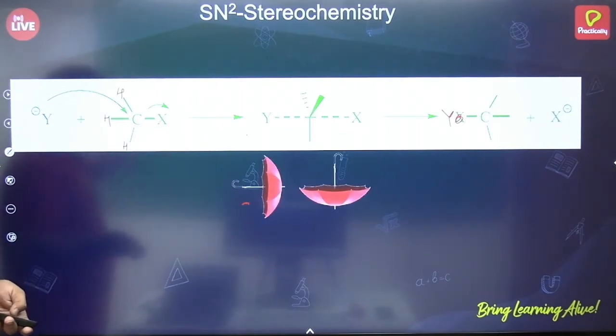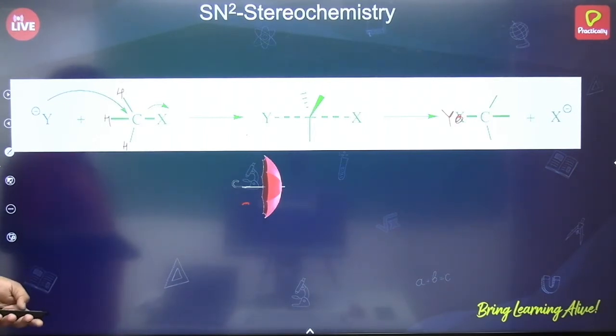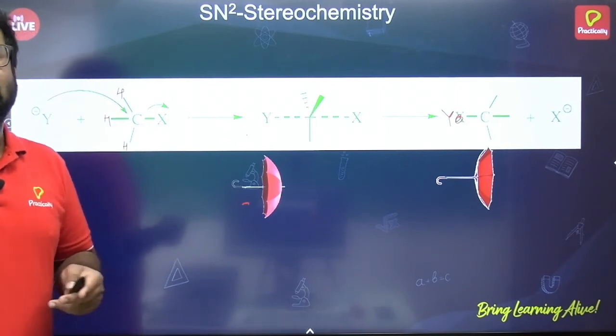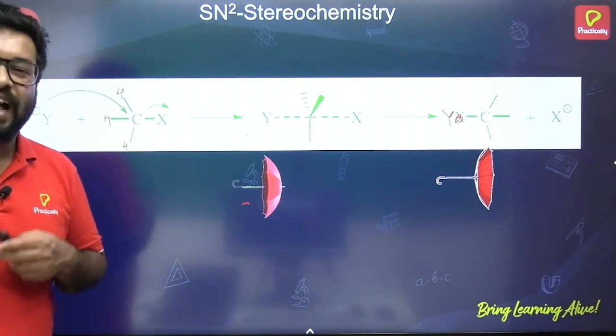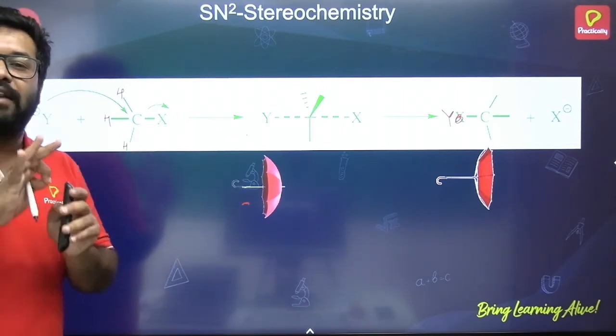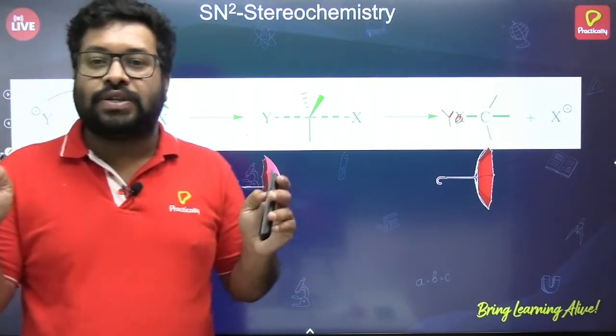Now this is in the midway, somewhere between the starting substrate and the product. So that goes, and you get the inverted configuration. That is how the inversion actually happens. So this is how inversion happens in every SN2 substrate.